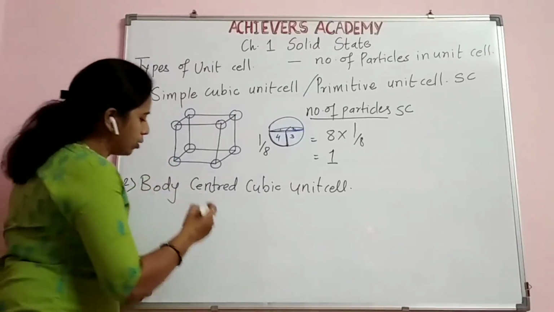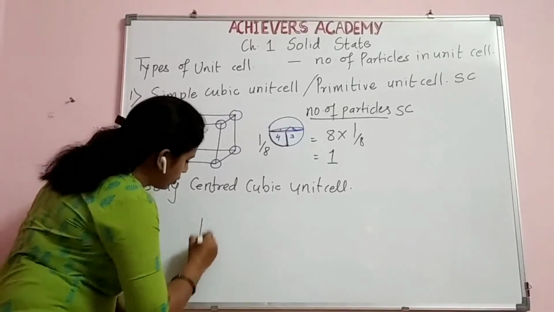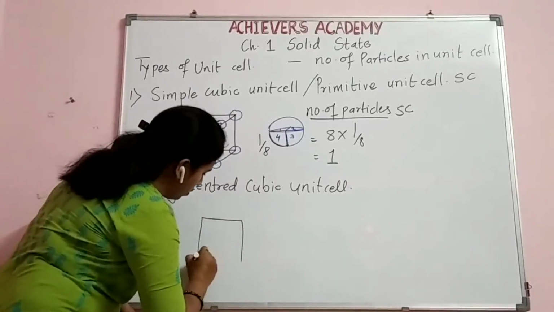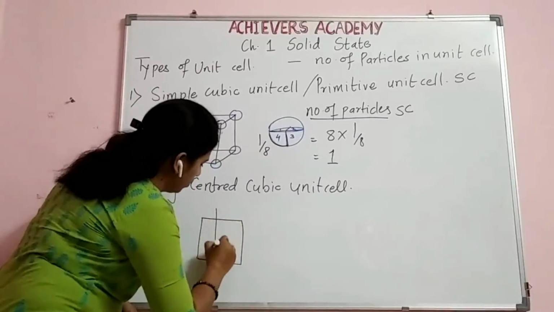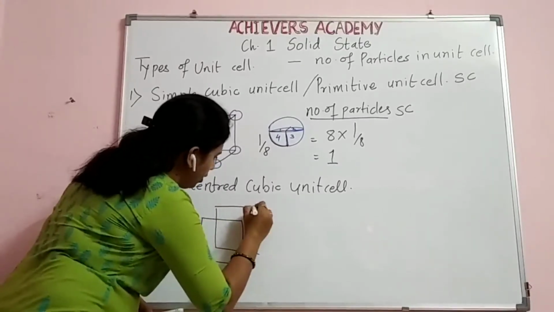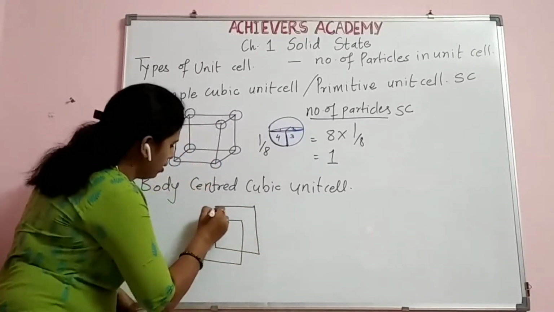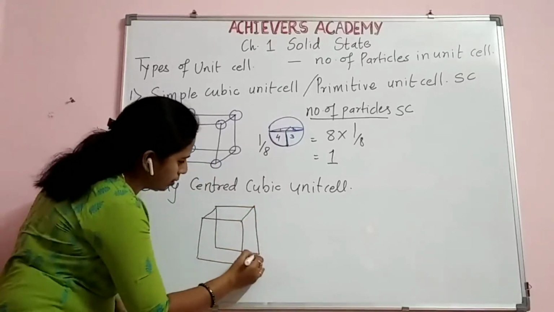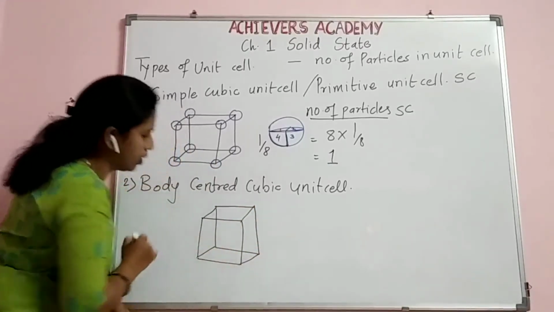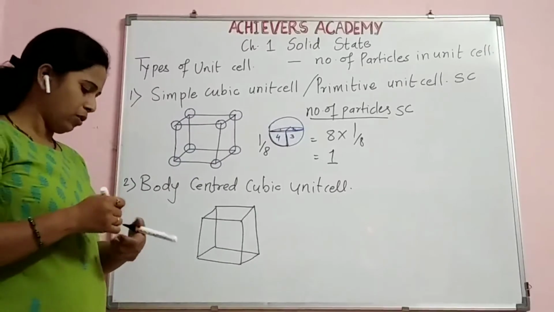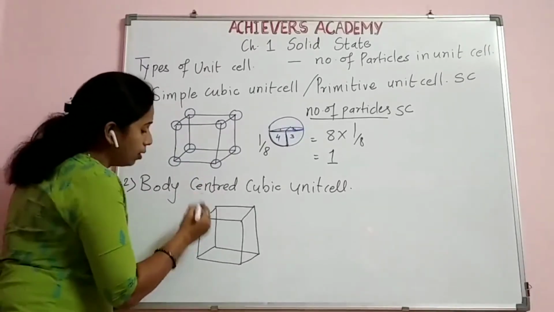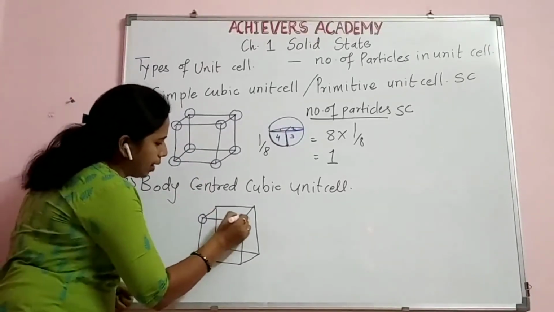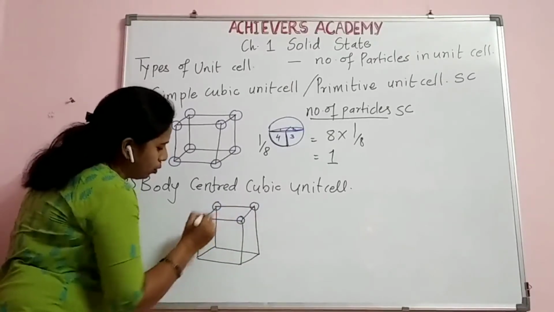So here I will first draw a cube. We will draw this square, another square, and then we will join the edges like this. So this is our cube. Now see, 8 particles are present at the 8 corners.